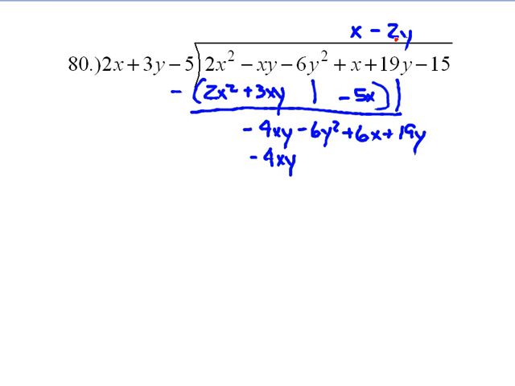Now let's see how it falls. Negative 2 times 3 is negative 6y squared. Negative 2y times 5 is 10y. I don't have an x factor, but I skip to the y.